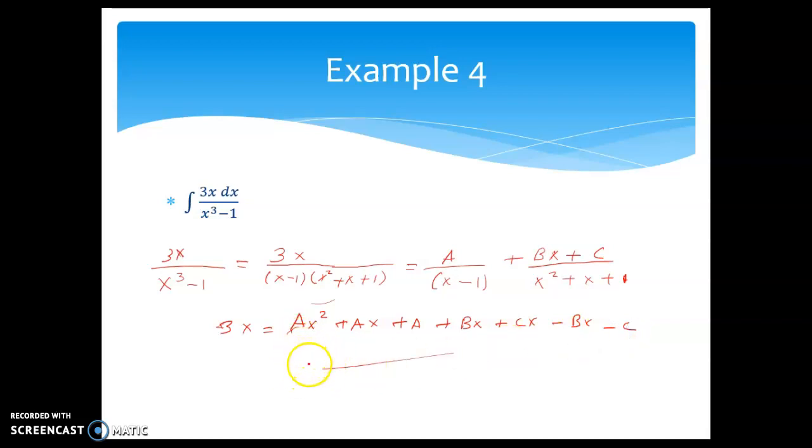So a minus c equals 0, and then 3 equals a minus b plus c. So we have a plus b equals 0. So then from here we would find c equals 1, b equals negative 1, and a equals 1 by solving these three equations.